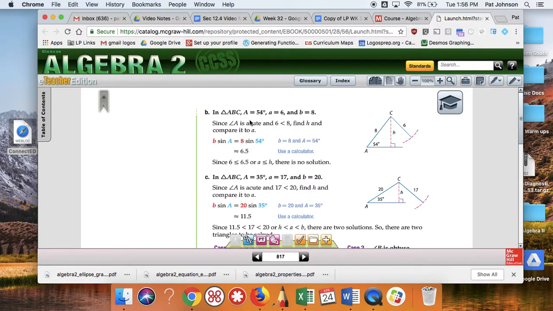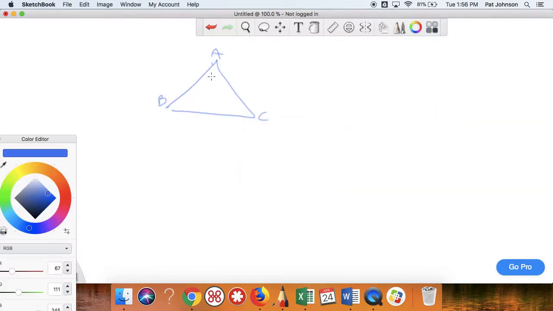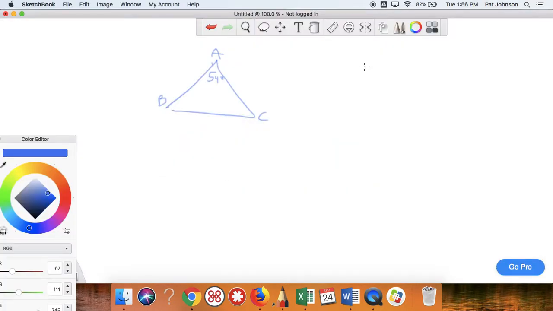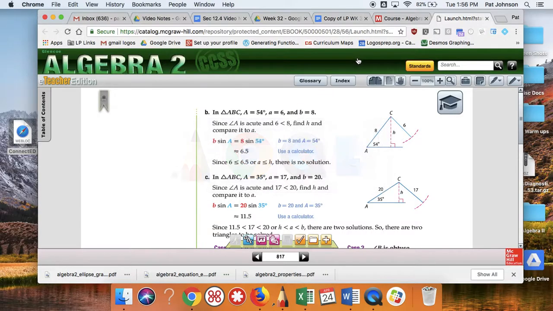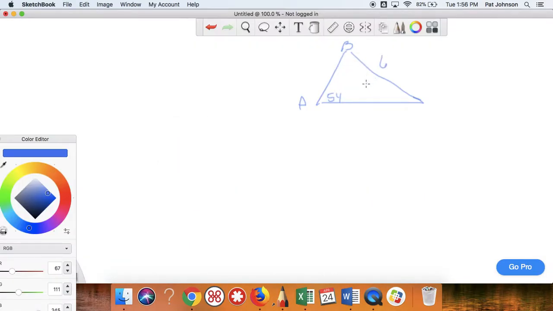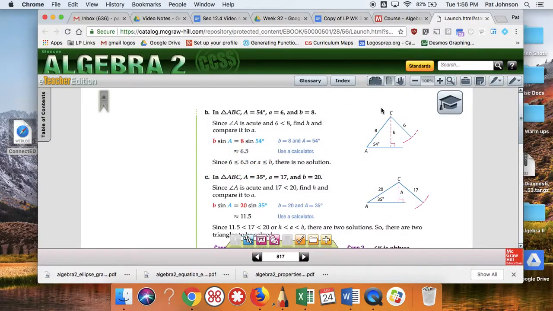And we know A is 54 degrees. Oops, let me write this better. A is 54 degrees. Little a is 6, and little b is 8.